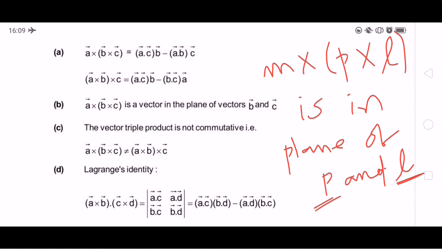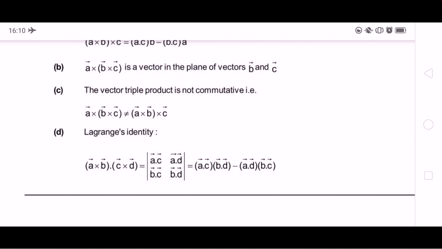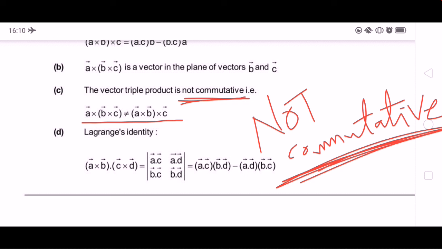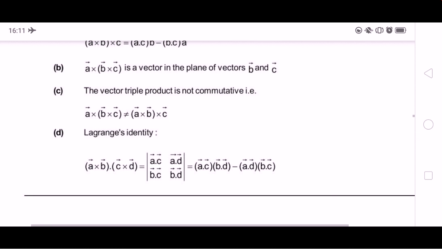Just I was telling, where M cross bracket P cross L will stay, it will stay in the bracket thing. Who is in the bracket? P and L. So it will stay there. Once again I repeat, the vector triple product is not at all commutative. Remember, note, it is not commutative. Clear, guys? Whereas A dot B cross C or B dot C cross A, all were commutative, in the sense they all were equal to box ABC only.